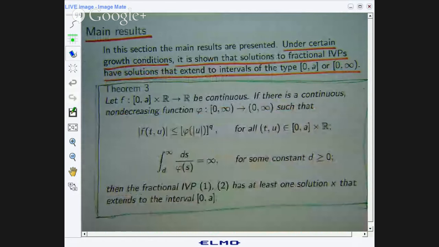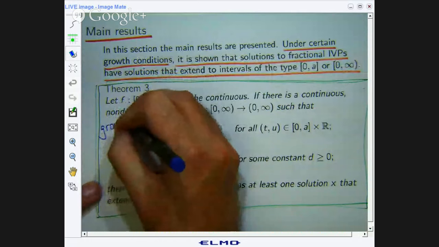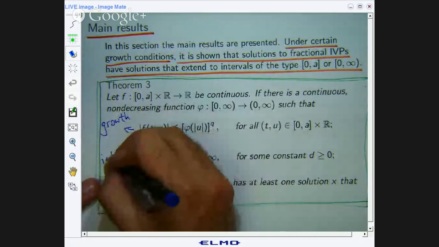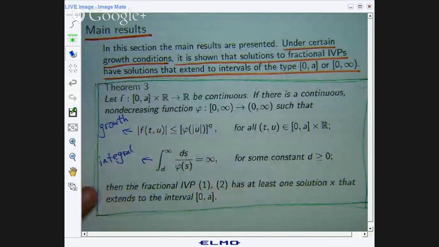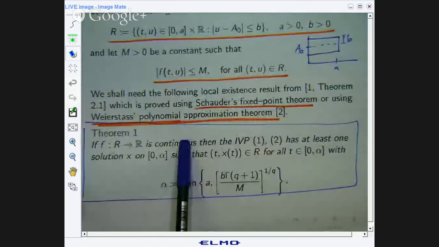All right, so let's just break that. This is like a growth condition, and this is like an integral condition. So we're assuming much more than in Theorem 1, right? There we really only assumed that F was continuous.